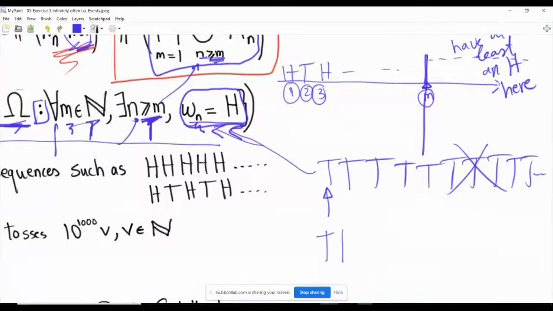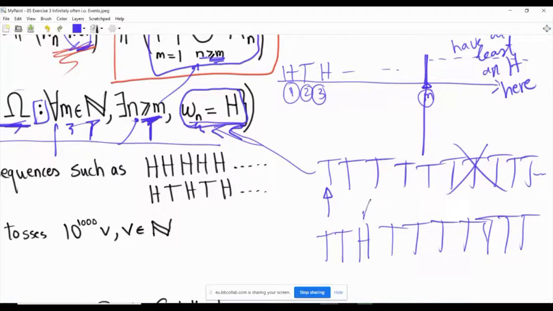Suppose that you have a sequence T, T, H, T, T, T, T, and so on. After this H, we don't get any head afterwards. Is this sequence part of what we are interested in? No, because if you choose m to be here, then starting from here to infinity, you never get a head. So this is also excluded.